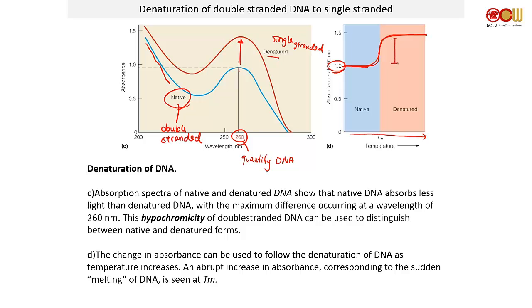This change in absorbance corresponds to the difference between double-stranded DNA and single-stranded DNA. This is called hypochromicity. This feature allows you to determine the Tm of your sample, and that could be useful depending on what kind of experiments you are doing.